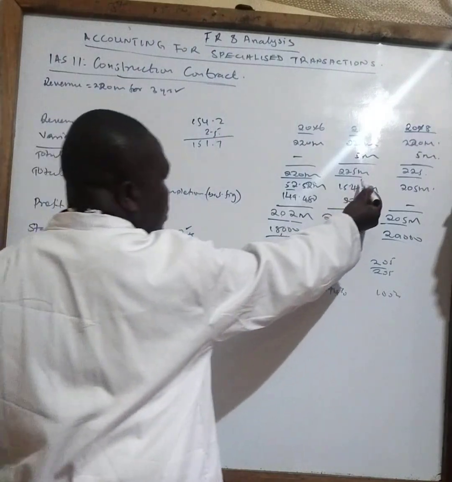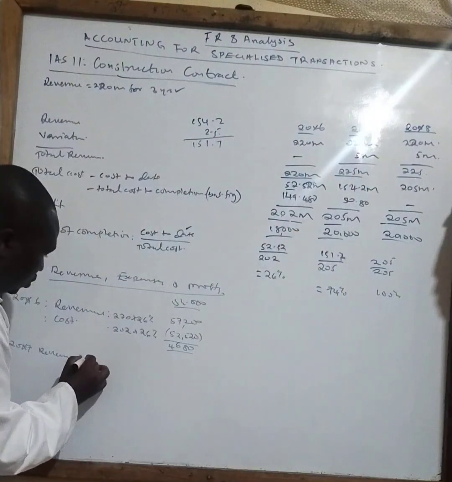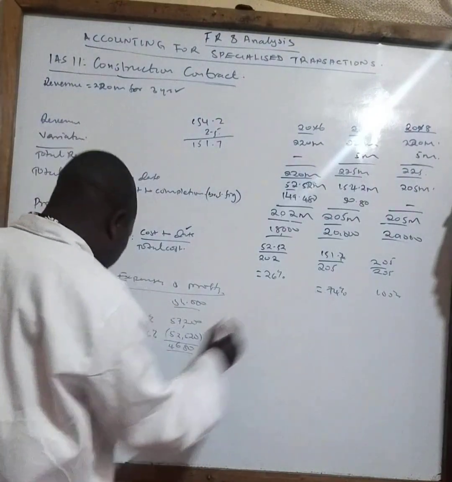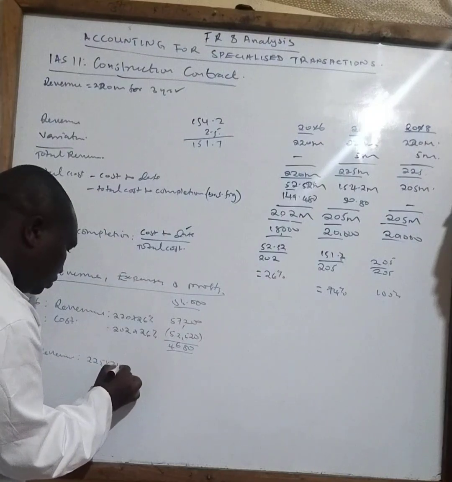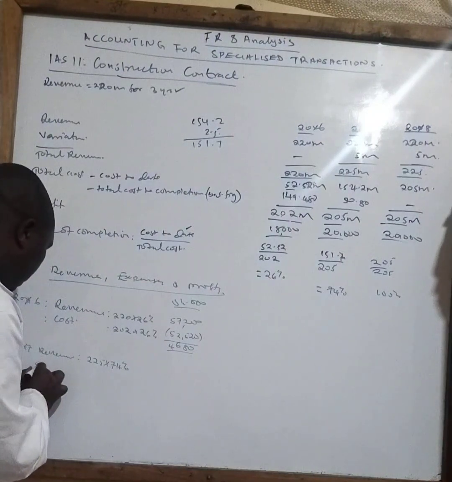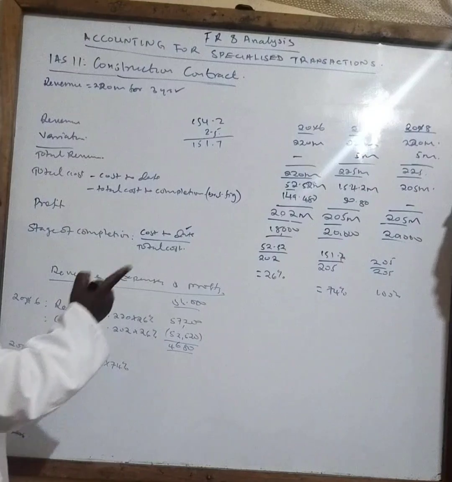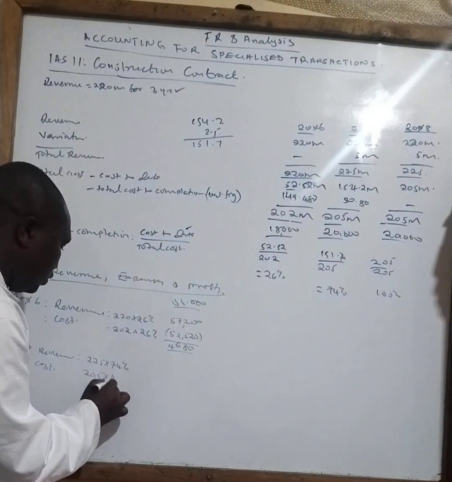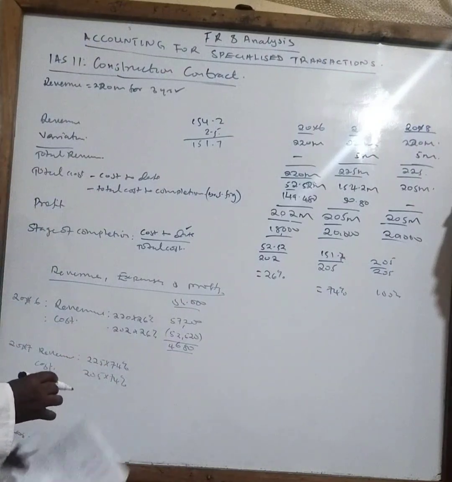Then 2007, revenue is 225 times what percentage? 74%. Then cost we have 205 times 74%. What is that figure?